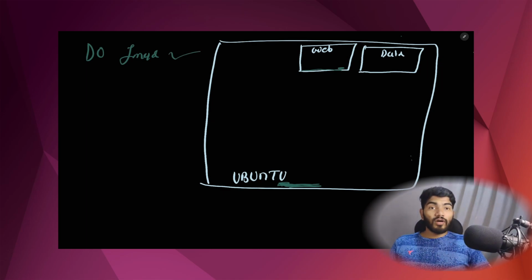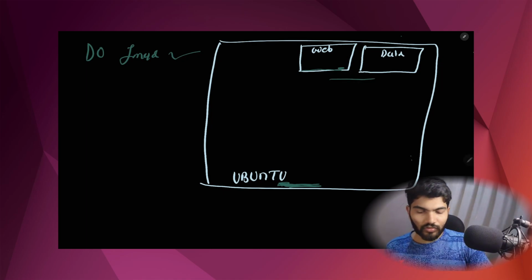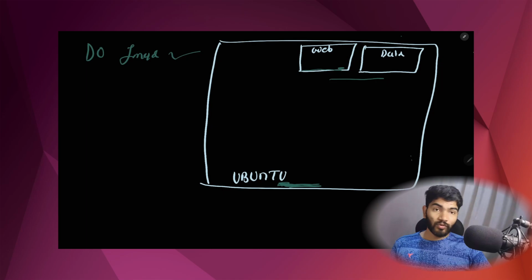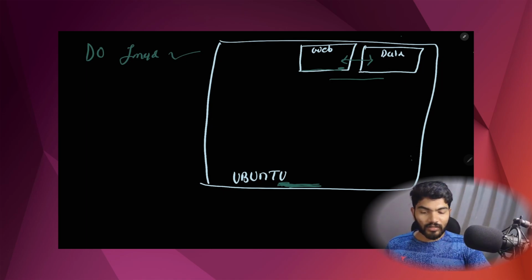Then there is a Docker network. What is a Docker network? Suppose I have created these two containers, but I don't want to keep them on the same network. Right now the website can communicate with the database easily using the database IP address, because each Docker container has its own IP address. The database container can communicate with the website and the website with the database.